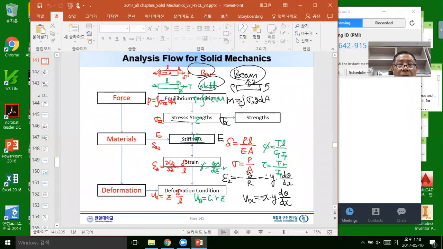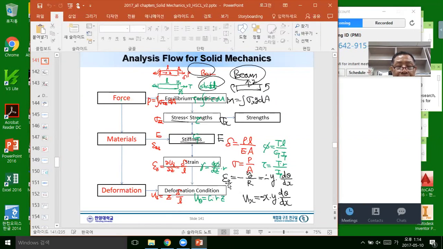And that's the moment and the stress, they are all in equilibrium. And then this stress should be less than strength, and this stress relates to strain through stiffness, Young's modulus. Now this strain needs to be determined from a displacement field. That is, I think, the most important point.